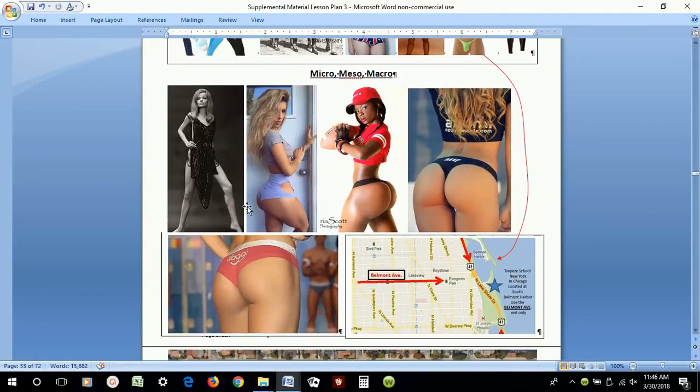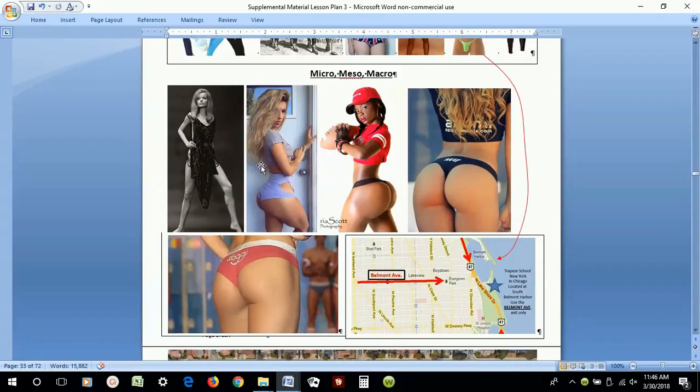And when I was a kid in the '60s, models were extremely thin. This was like the standard of beauty, and today they're like just anorexic and sickly, right? So this is Twiggy, who was a famous model back then, right? Whereas today it's kind of gone to the other extreme, real skinny to really big butts here, right? And then we can go back to our concept of micro, meso, macro.